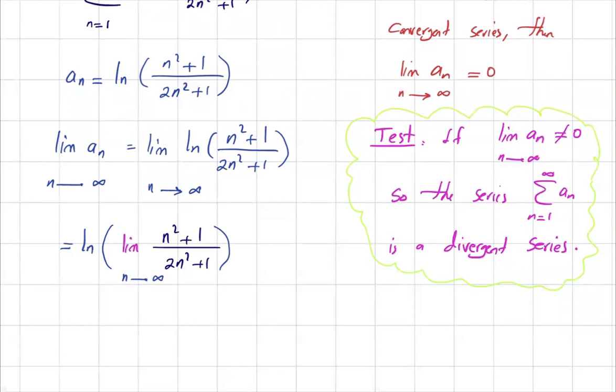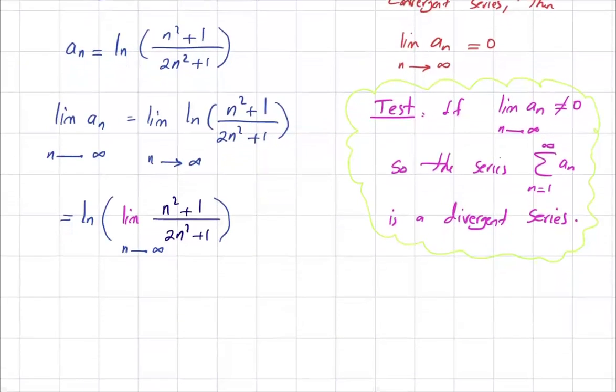If you plug in infinity, direct substitution gives you ln of infinity over infinity. So here you can apply L'Hopital's rule. For the quantity inside, you get infinity over infinity, so apply L'Hopital's rule.